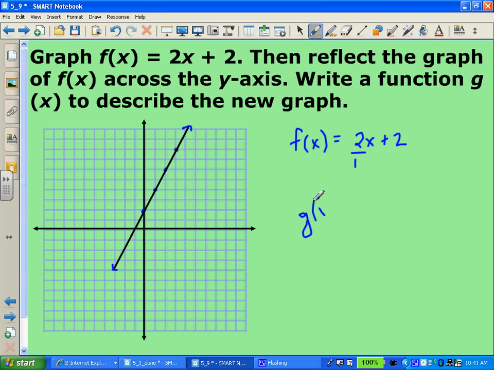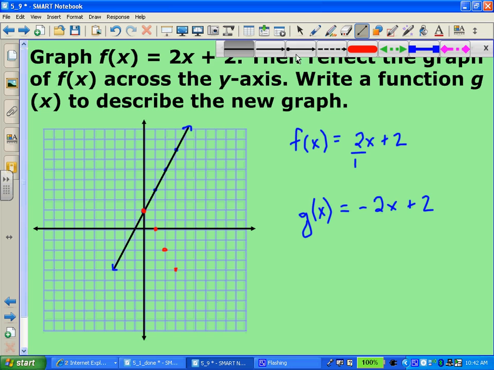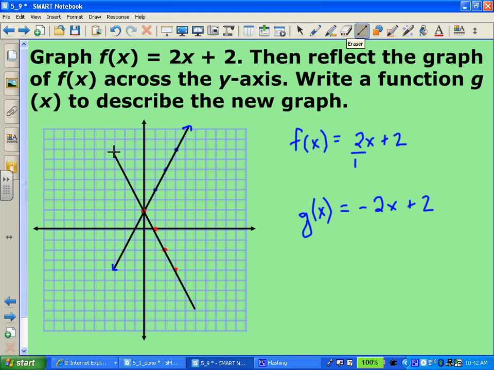Now, with the reflection across the x-axis, or the y-axis, sorry, my slope is multiplied by -1. So if my slope on f of x is 2, my slope on g of x is going to be -2. Now let's graph that. It starts at the same spot, except now I'm going down 2 over 1. Down 2 over 1. So now I get a line that looks like this.